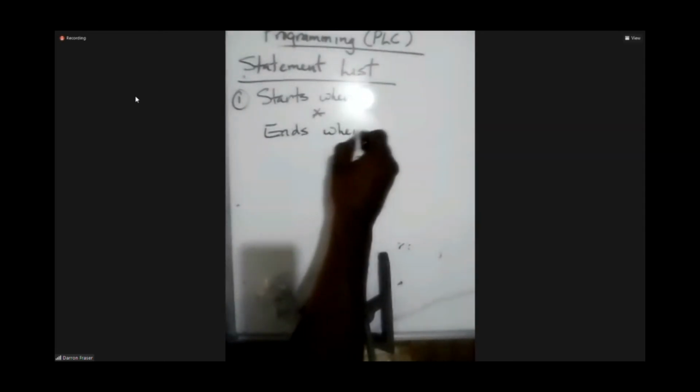So let me tell you what the statement list looks like. You're going to number each line. First thing, you're going to put "starts when." You say, what is the process that is started? And you're going to say "it ends when."